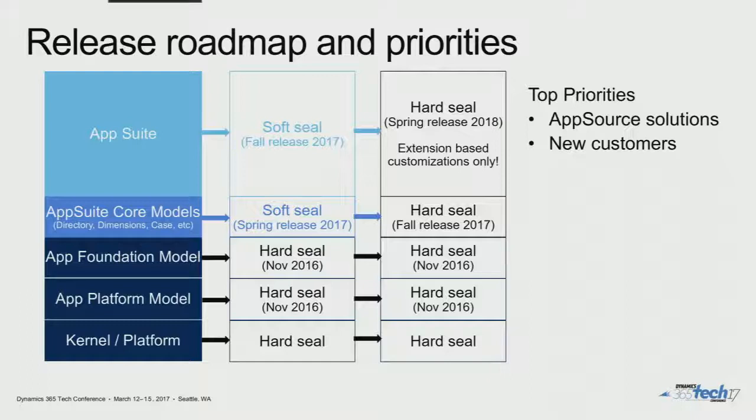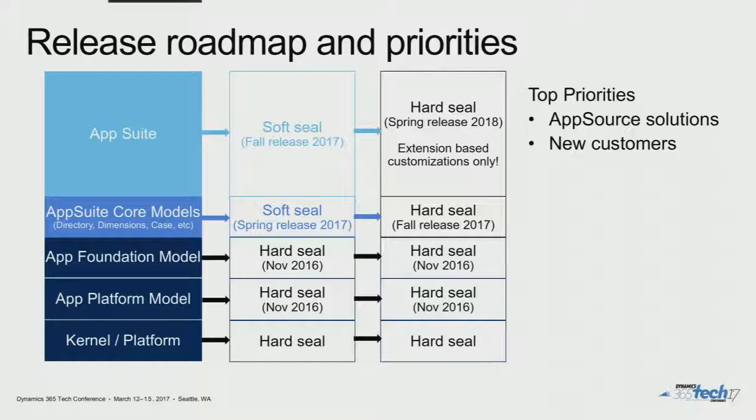The app suite core models or common models, things like dimension, directory, case management, ledger, subledger, source document types, that core tier that sits below the app suite, we're looking to soft seal in the spring release that's coming up. Those models don't get a lot of overlayering at this point, and we're looking to address the gaps in those models before the spring release.